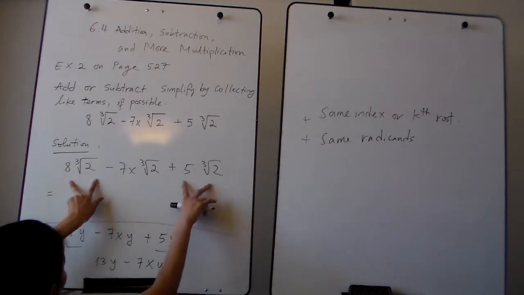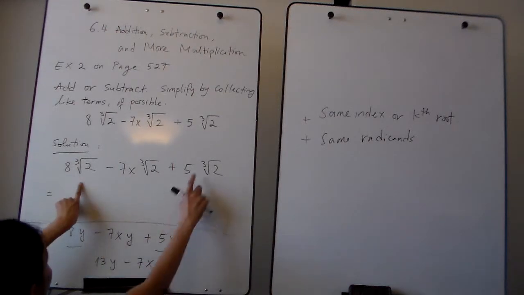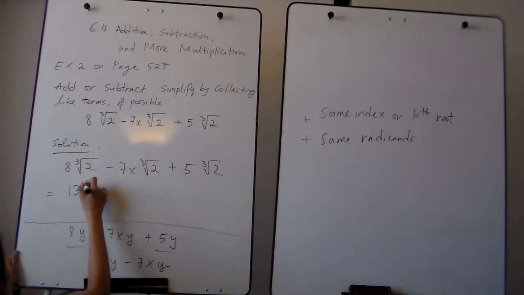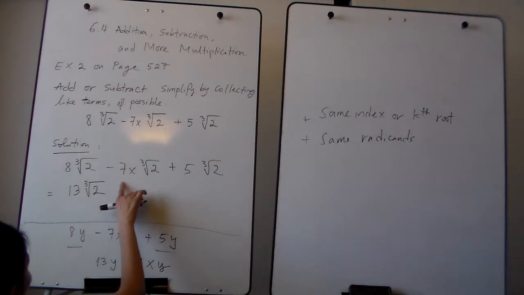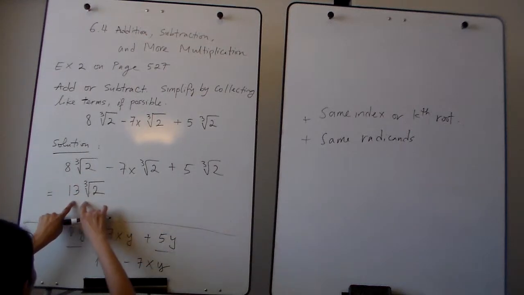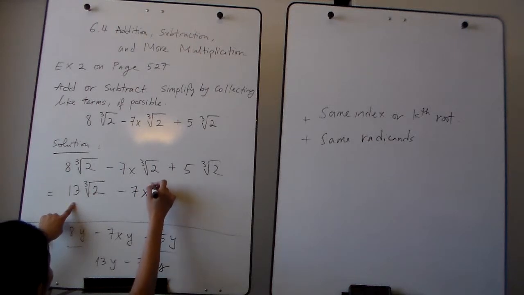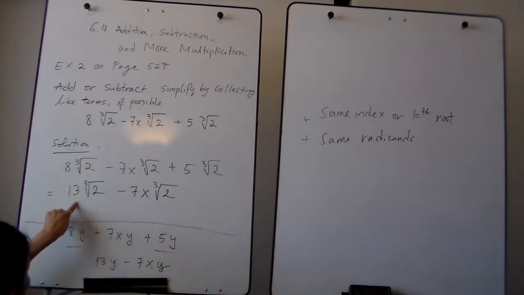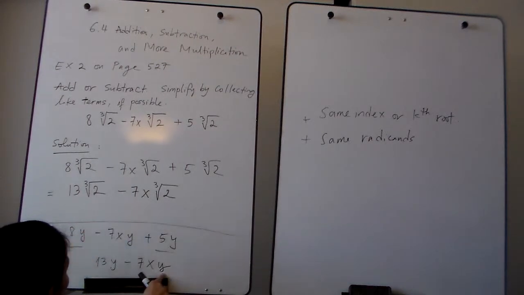I'm going to take this, add this, I will get 13y, which is 13 cube root of 2. So we just combine these two terms. The remaining is here, negative 7x cube root of 2. Again, treat this as 13y minus 7xy.